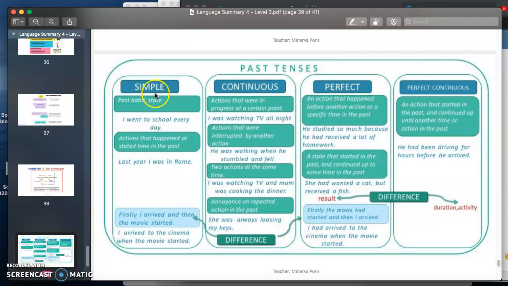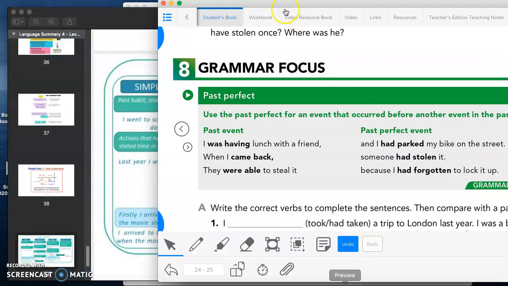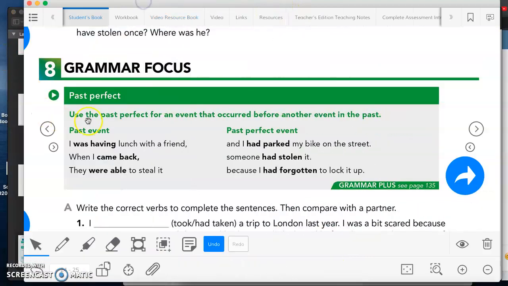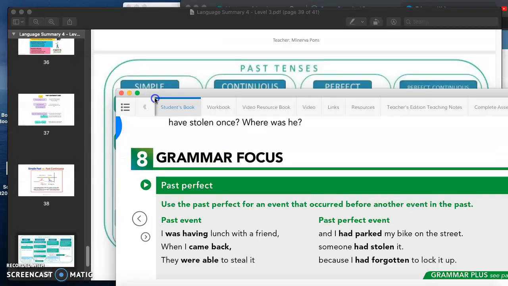We just saw on the first part of the unit how to work with simple past and past continuous. On this part of the unit, we are going to be working with the past perfect. As I mentioned before, the past perfect is used for an event that happened before another event in the past.